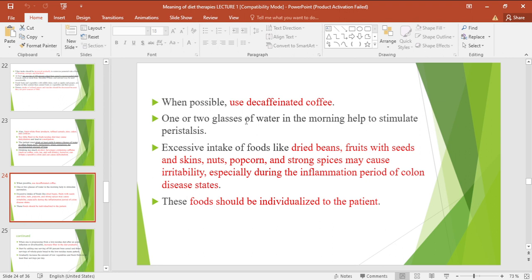An excessive intake of foods, for example, dried beans, fruits with seeds and skins, nuts, popcorn, and strong spices, may cause irritability, and especially during the inflammation period of colon disease states. So these foods should be individualized to the patients according to their situation.